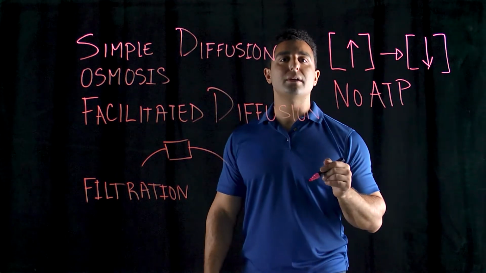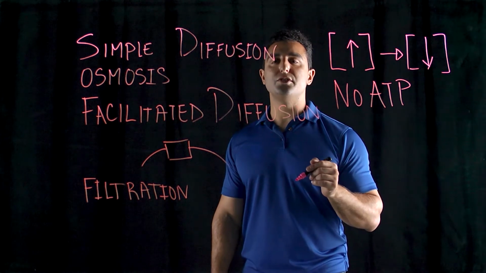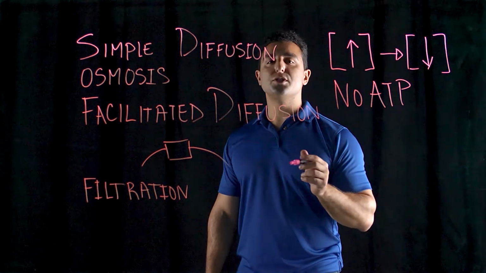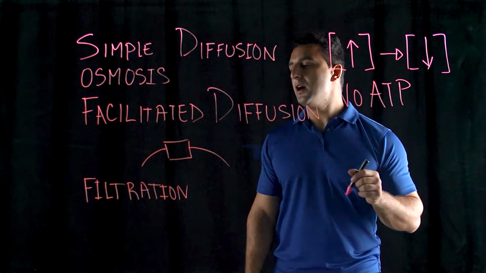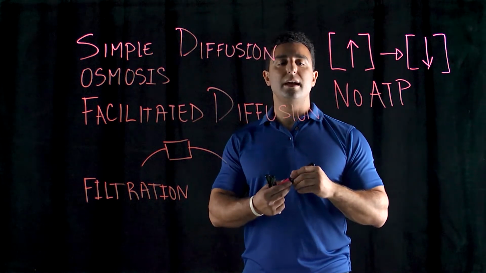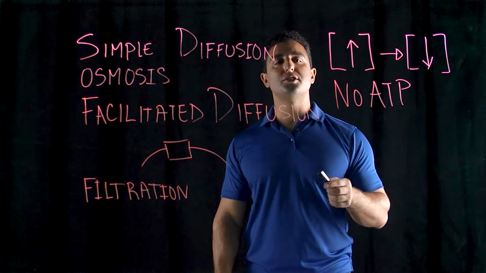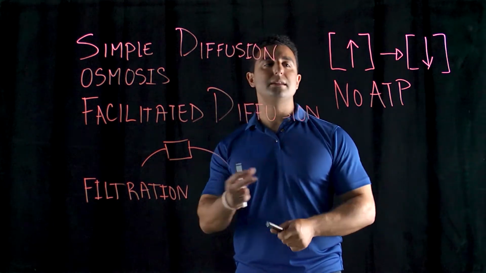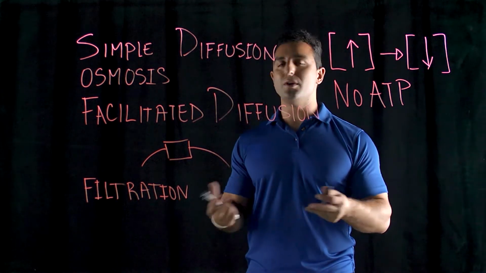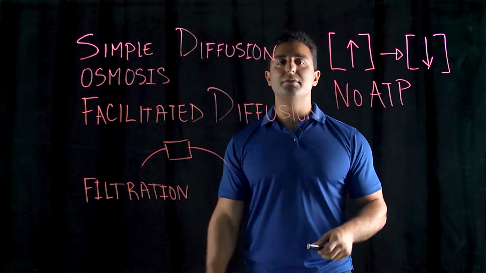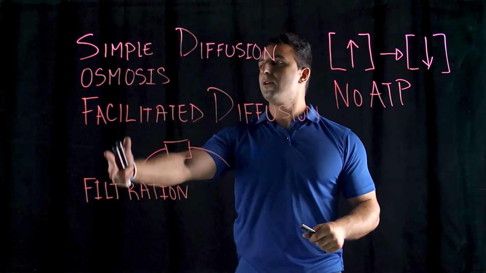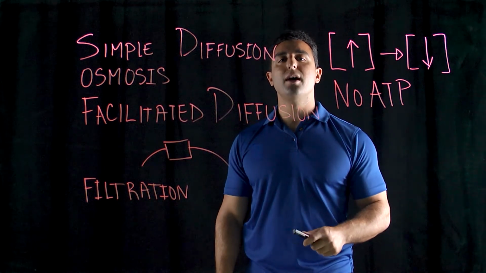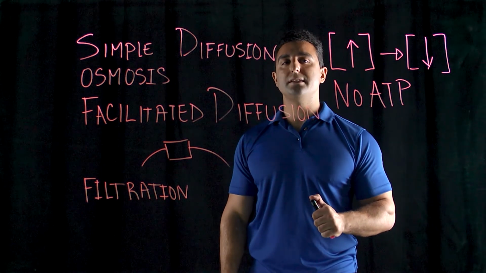For example, in your blood vessels and capillary beds, the hydrostatic pressure generated by the heart pushes certain ions and fluids in and out of the bloodstream, whether they enter the capillary beds or the interstitial fluids, it doesn't really matter. That's an example of filtration. So these four terms are examples of passive transport.